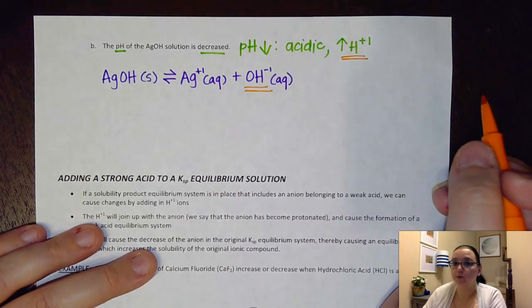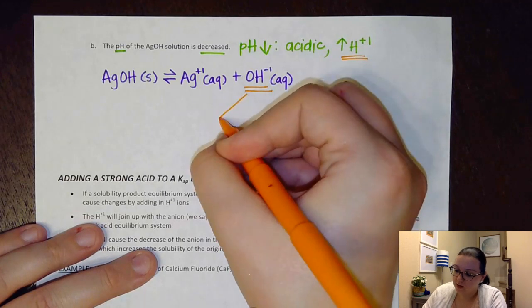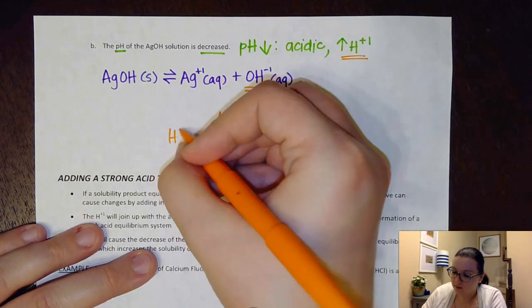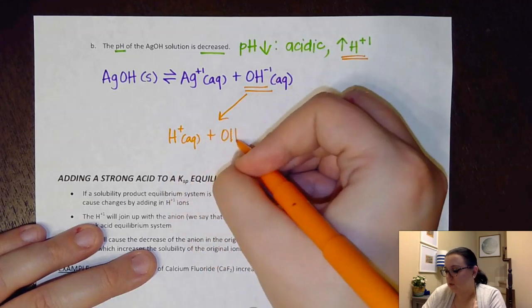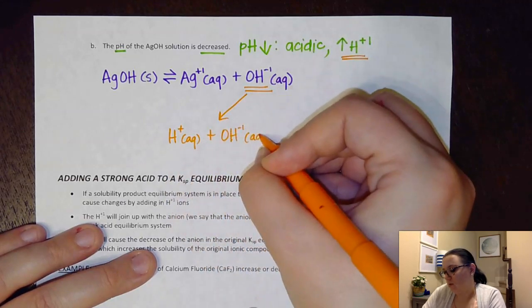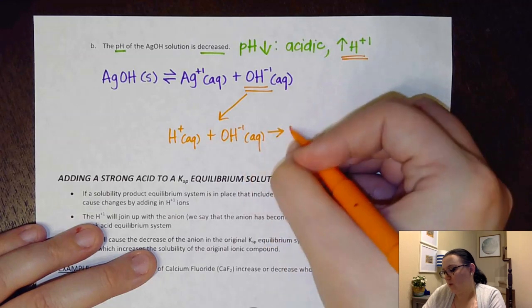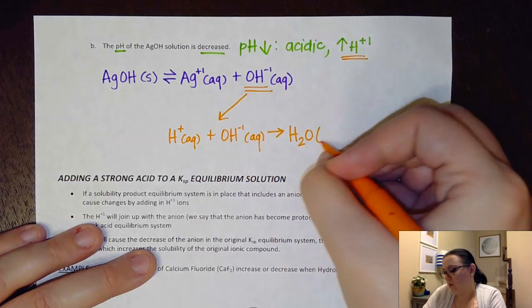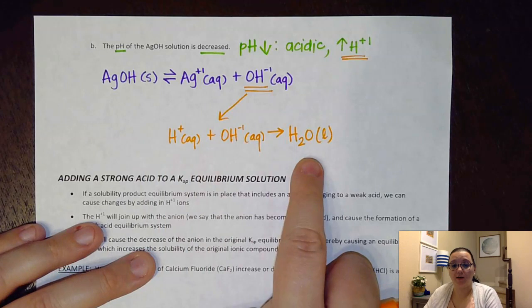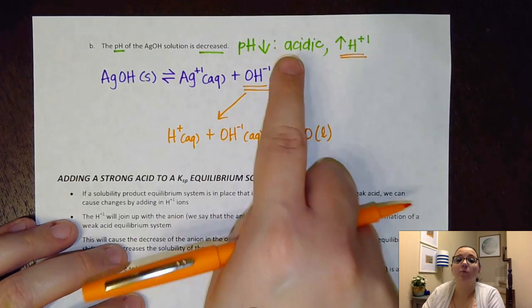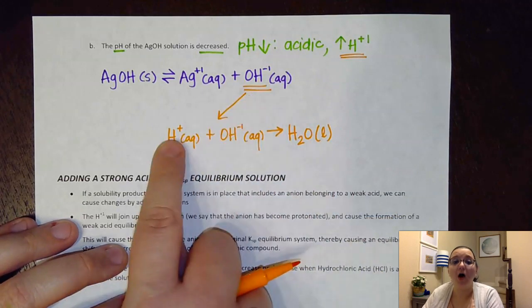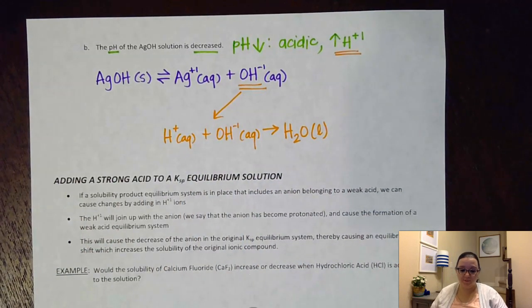Well, we know that those two are going to interact with each other. And when they do so, the H and the OH end up creating water, which, as we know, is very driven toward that product side. So effectively, we're removing OH constantly out of the solution.